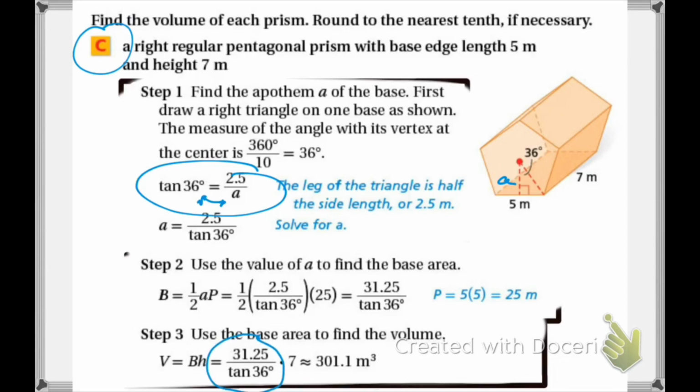Here again, you could use your calculator to get a decimal number, or you could just keep it like they did here. I'd prefer you guys to get a decimal number. I think it's a little more clear. But they multiply by the height, which is 7, and that gives you the volume of 301.1 meters cubed.